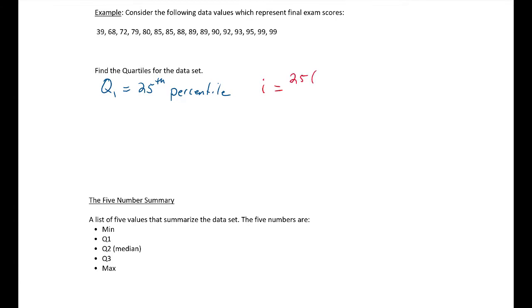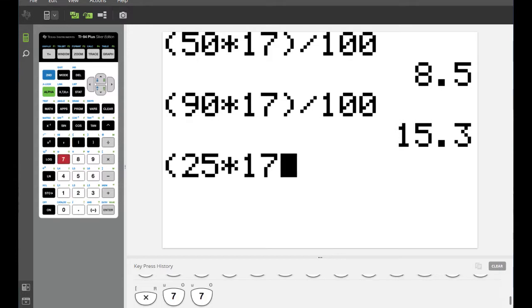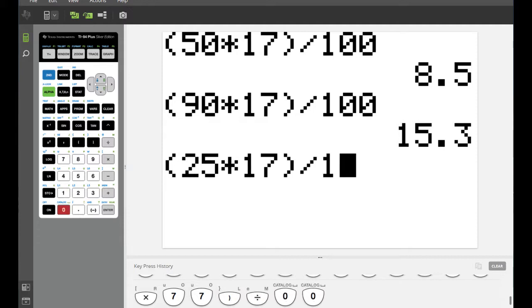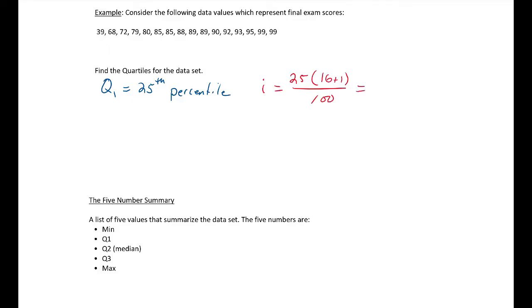So 25 times 16 plus 1 divided by 100, so it's 25 times 17 divided by 100. Okay, we got 4.25. And so what that means is we need to take the average of the 4th and the 5th position.